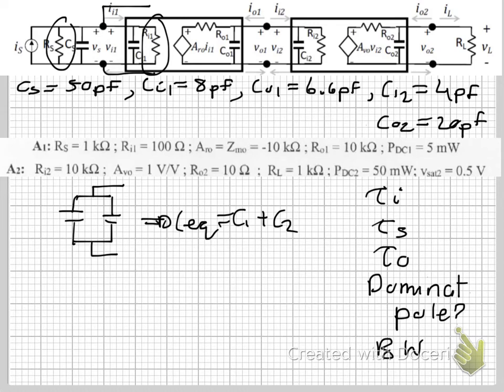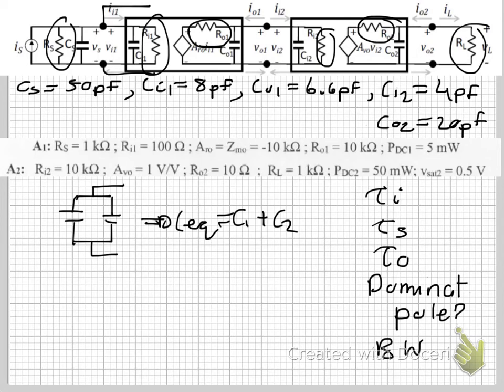The same happens for this stage, where you've got R of O2 in parallel with R of I2, and the same for this stage, R of O2 in parallel with R of L. That's not too difficult, but this can be asked as a follow-up question.